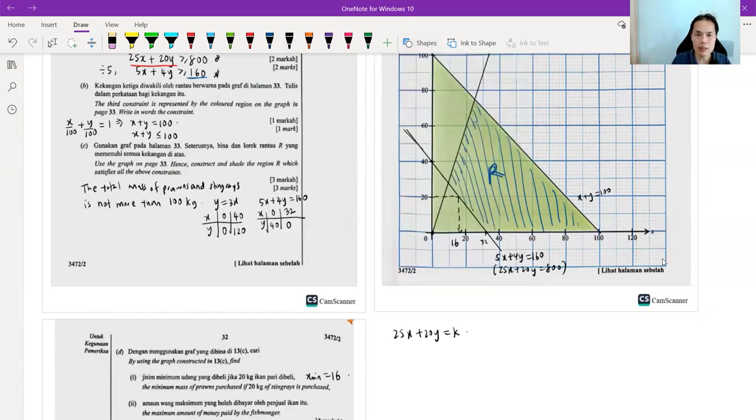It looks parallel, right? But I need to move this line up here, such that it gives us the largest y-intercept. Remember, the larger the y-intercept, the larger the value K.